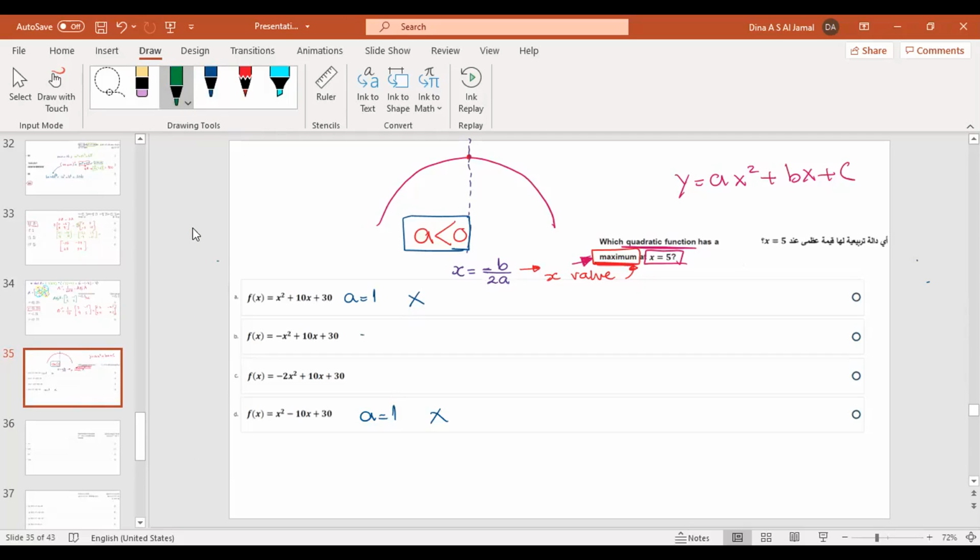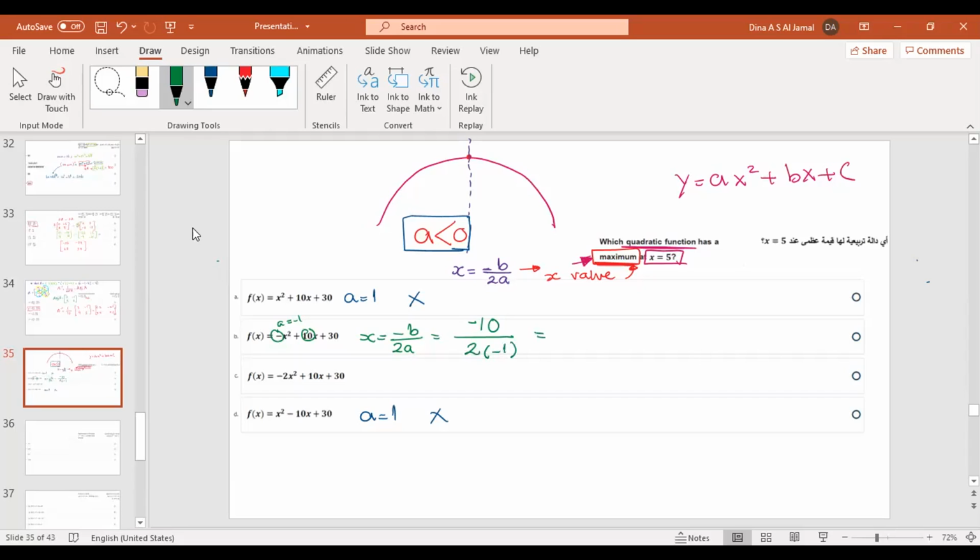So let's now use the axis of symmetry equation, minus b over 2a. That means this is your b and your a is -1. So minus 10 over 2 by -1.